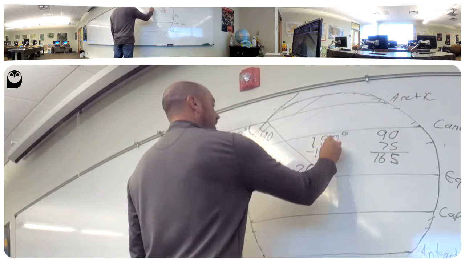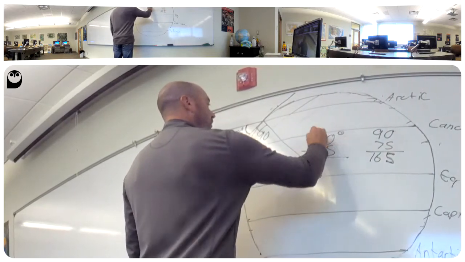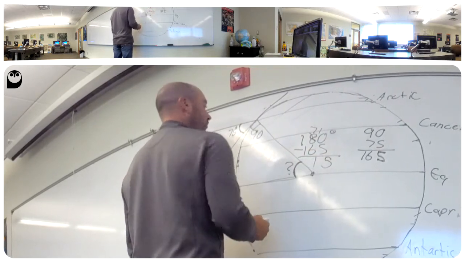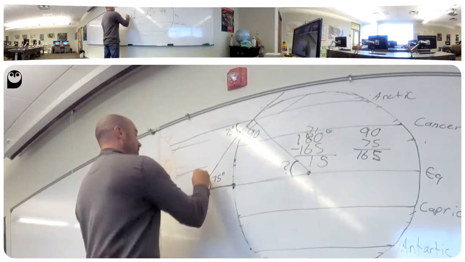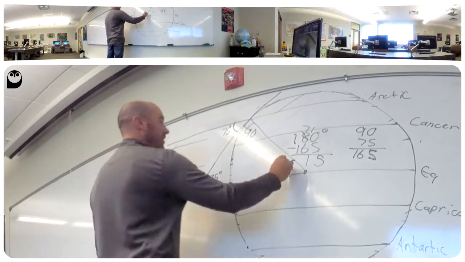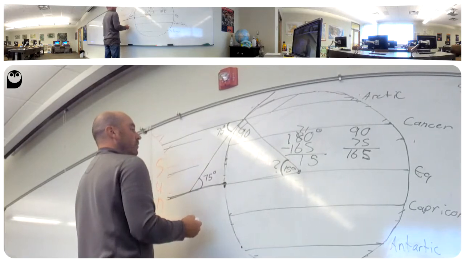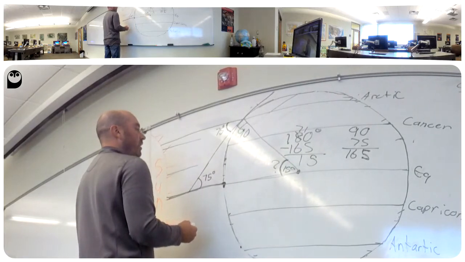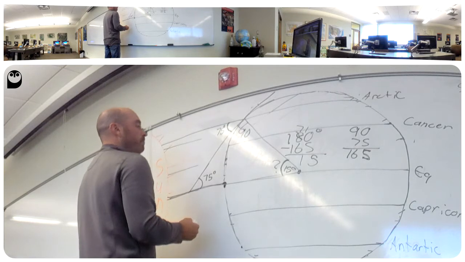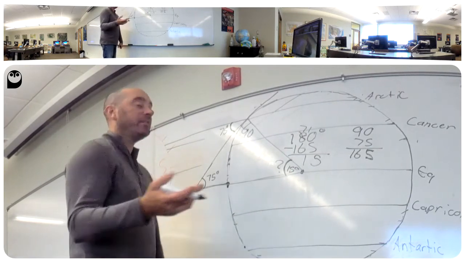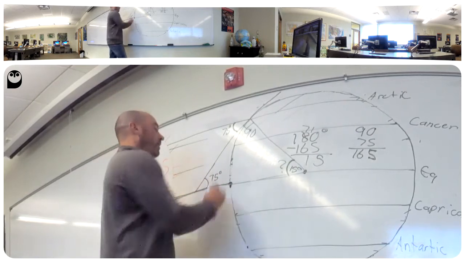Subtract that from 180. 15. What does that mean? It means this angle is 15 degrees. We are at 15 degrees north latitude. That's where we are.